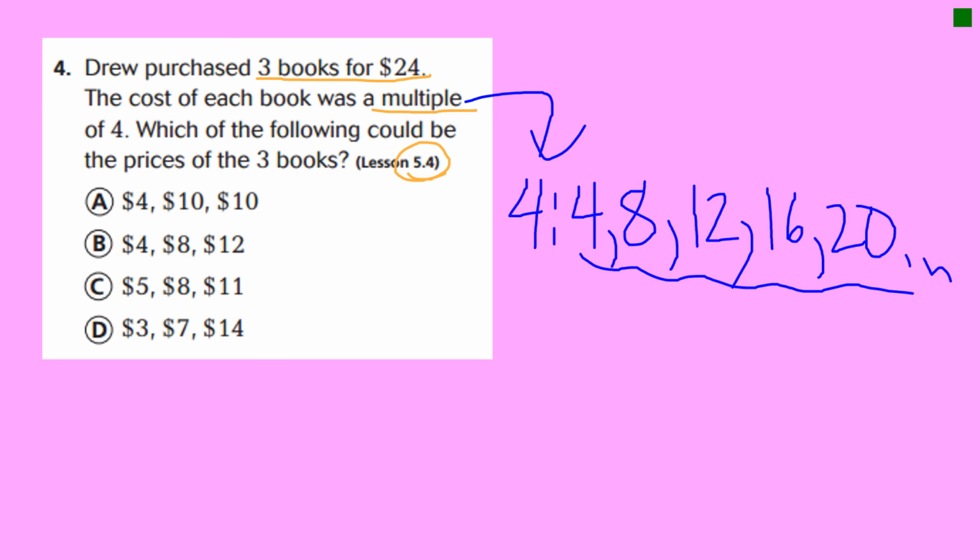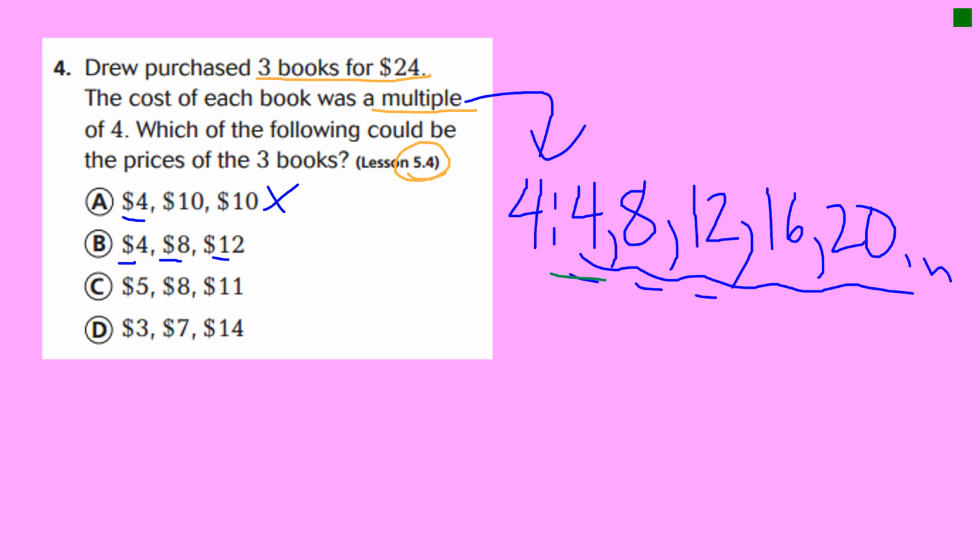A. Well, I know that 10 is not a multiple of 4, right? 4 is, but not 10. Bye-bye. B. 4, 8, 12. Uh-huh. That might be a winner. C. 5, 8, 11. Let's look over at the list.